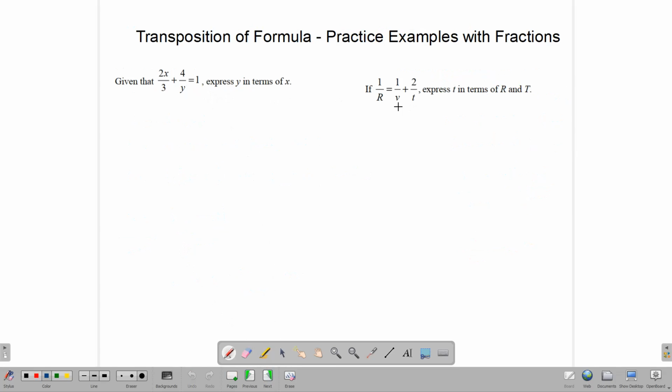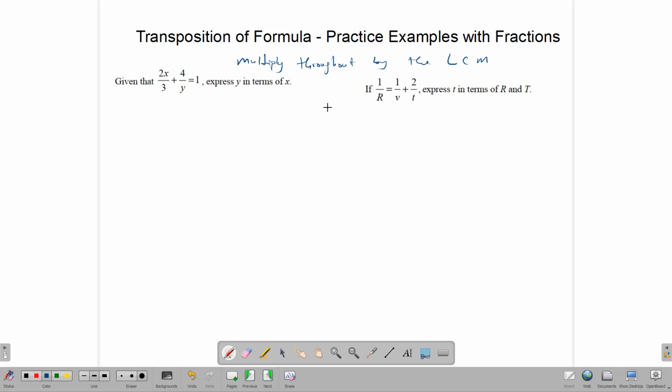In these two questions here, we have fractions. And when we have fractions in a question, the way we deal with them is to first get rid of the fraction by multiplying throughout by the LCM. So let me write that at the top. Multiply throughout by the LCM.